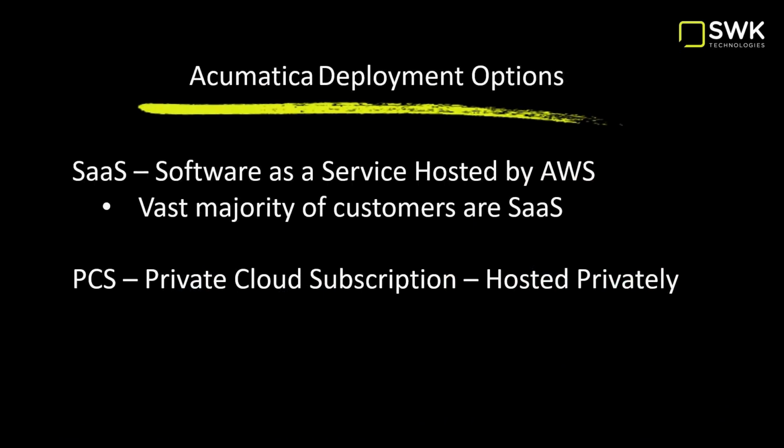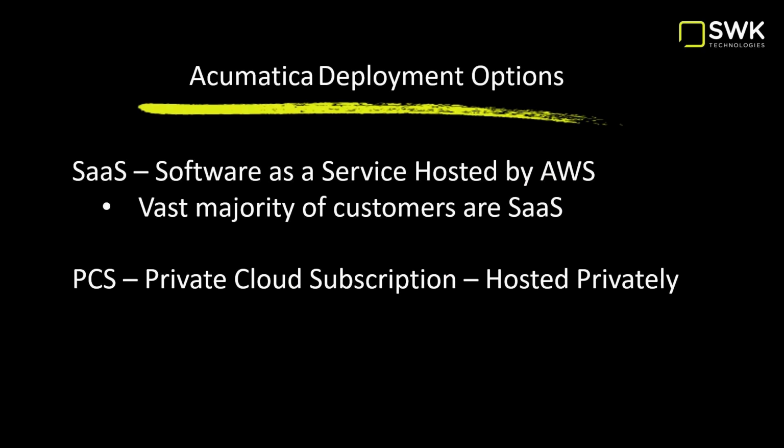Before I start on the agenda today, I wanted to call out something that's important because a lot of the primary license model changes today are focused around the SaaS, or the software as a service deployment option of Acumatica. So today there's actually two deployment options, and given this, it's important to understand a little bit about the differences. So the SaaS license model is hosted by Acumatica in the Amazon Web Services environment, and a vast majority of our Acumatica customers are SaaS, ours and Acumatica in general, probably roughly 85%.